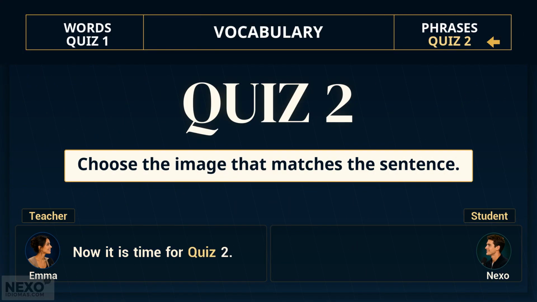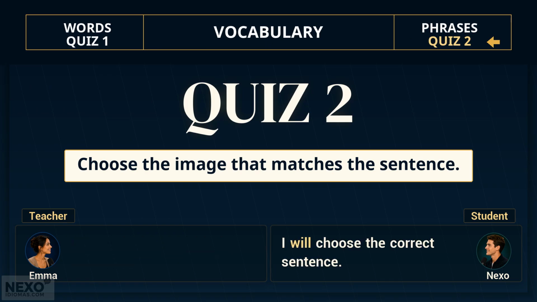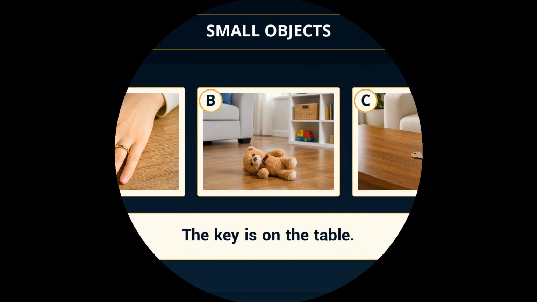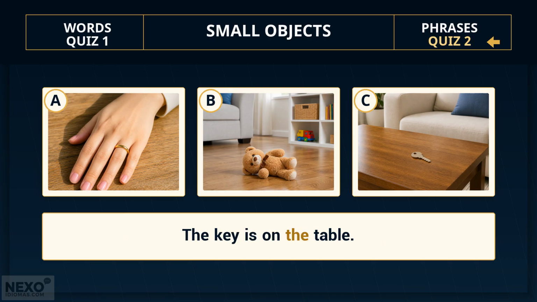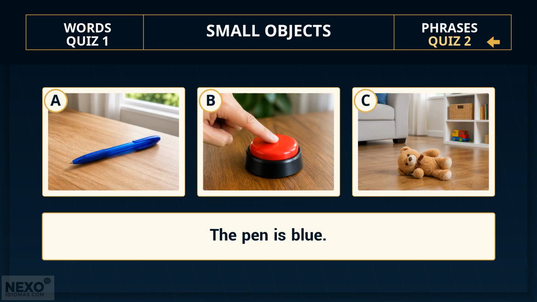Now it is time for quiz 2. Match the image with the sentence. I will choose the correct sentence. The key is on the table. C. I have 1 coin. B. The pen is blue.